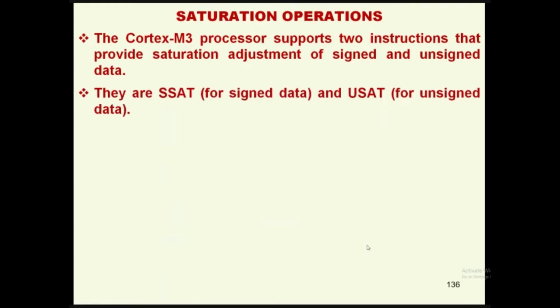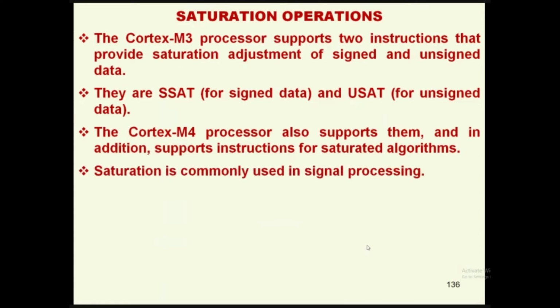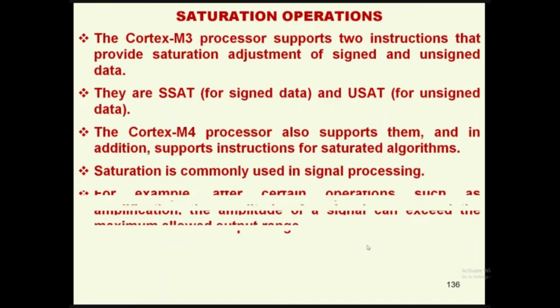So, saturation operations. The Cortex-M3 processor supports two instructions that provide saturation adjustments of signed and unsigned data. They are signed saturation and unsigned saturation, SSAT and USAT. Cortex-M4 processors also support them, and in addition support instructions for saturated arithmetic. Saturation is commonly used in signal processing.